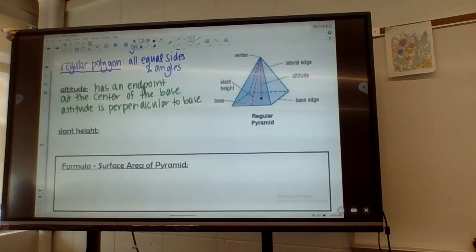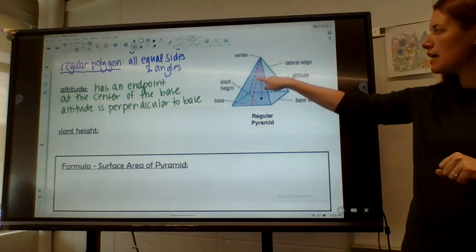The other really important line is called the slant height. And I think it sounds like what it is. Slanted, you picture the side of the pyramid. The slant height is down the middle of one of the faces. It goes straight down.